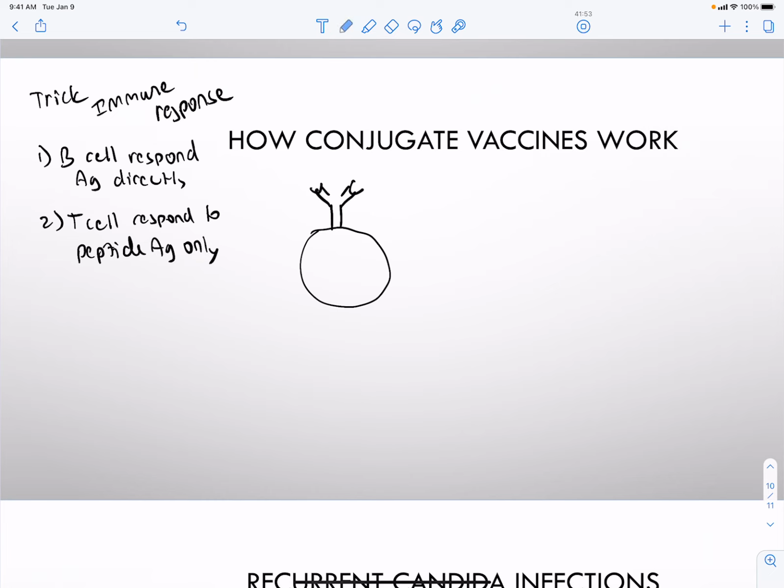And if this antigen is a polysaccharide, then your T cells cannot get activated with a polysaccharide because a polysaccharide does not become a peptide. It's basically a sugar. And so in order to get your B cell help, so the scenario would be, here's our B cell.